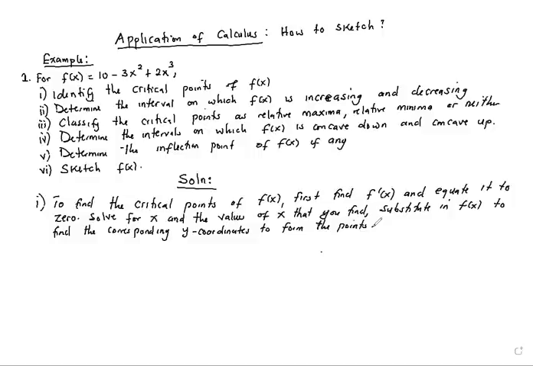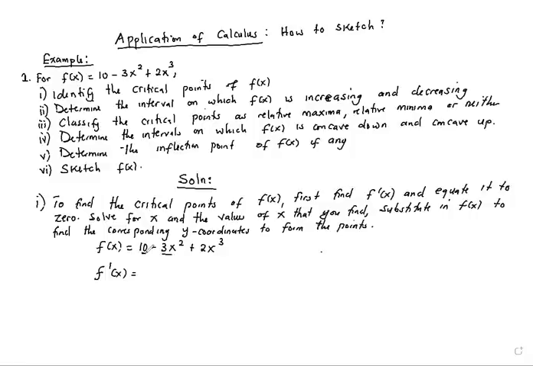So we now get the function f of x is equal to 10 minus 3x squared plus 2x to the power 3. Then differentiate the function. What is f prime of x? The derivative of 10 is 0.